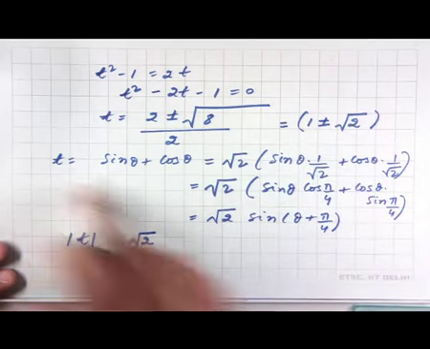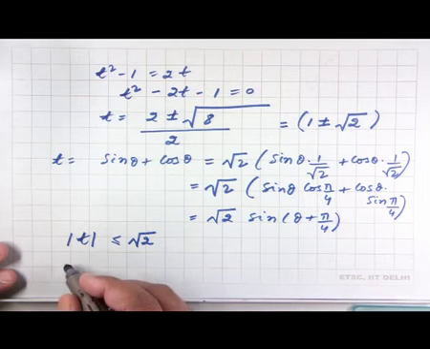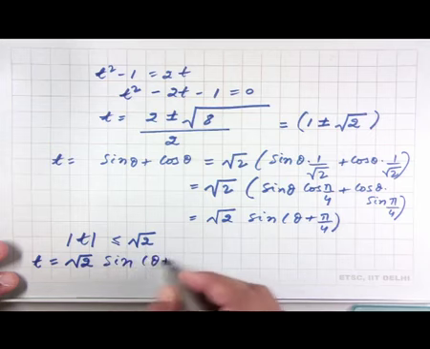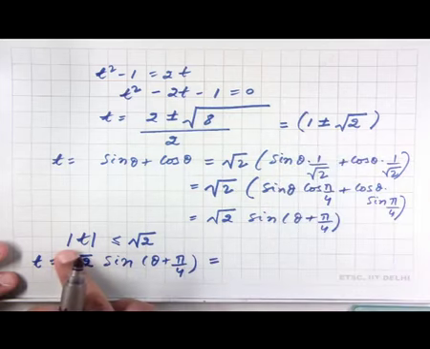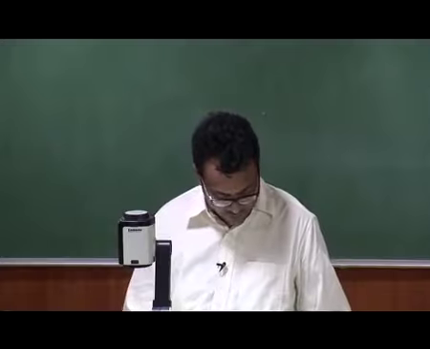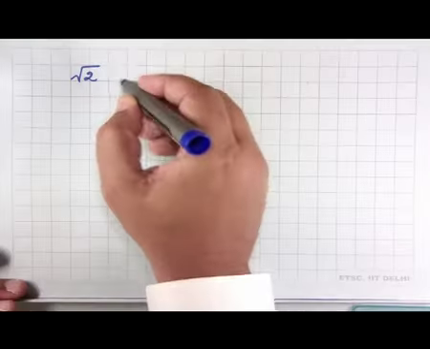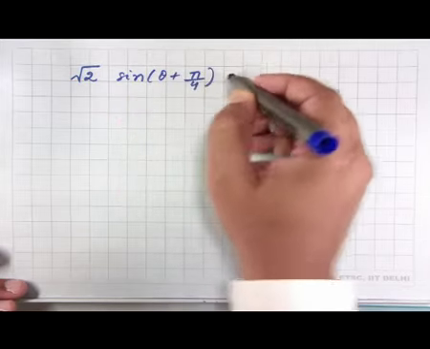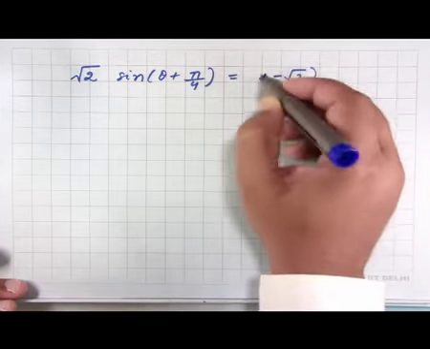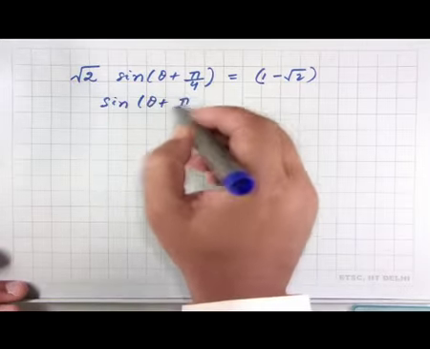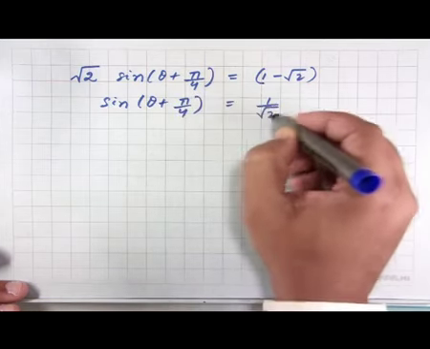So ultimately we end up with root 2 into sin of theta plus pi by 4 equals 1 minus square root of 2, which implies that sin of theta plus pi by 4 equals 1 over root 2 minus 1.